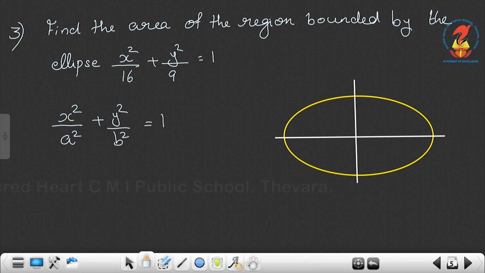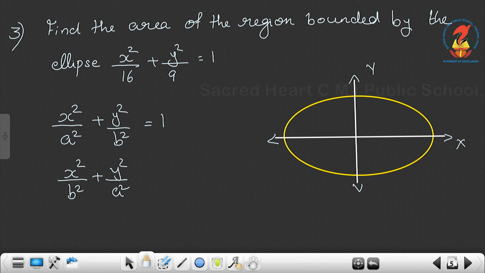So here look at the figure. This is major axis and this one is known as minor axis. So for this type of ellipse, the equation is x square by a square plus y square by b square equal to 1. Here a is greater than b. The second type is x square by b square plus y square by a square equal to 1.